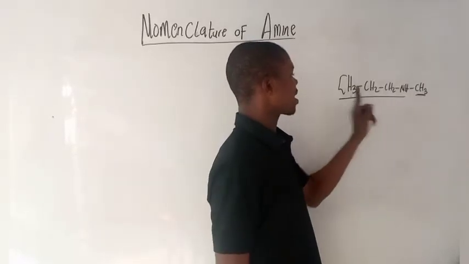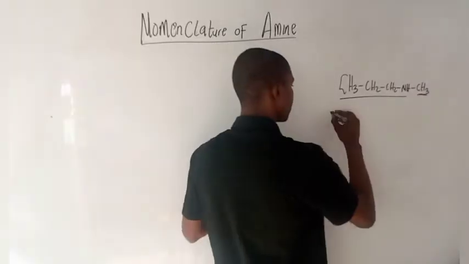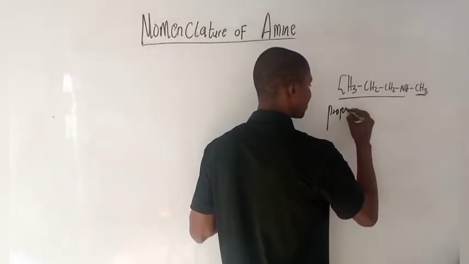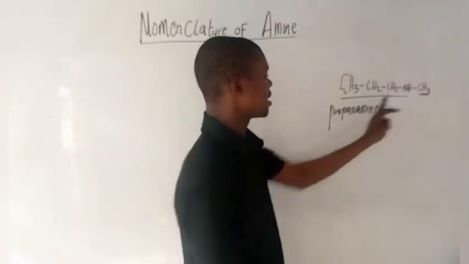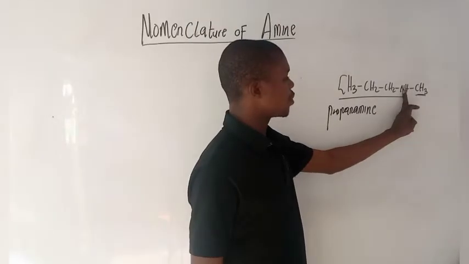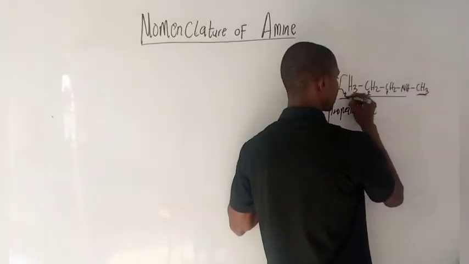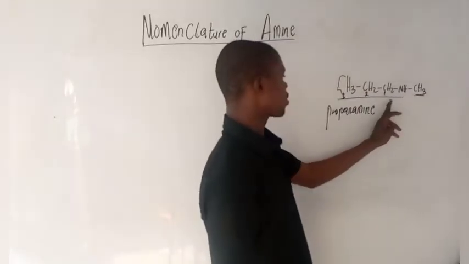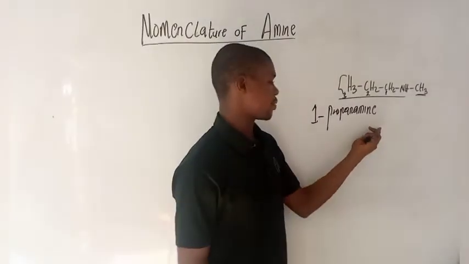Here we have 3 carbon atoms, and 3 carbon atoms is known as propanamine. The nitrogen, the functional group, is on carbon number 1, because I'm going to start from here: 1, 2, 3. So the parent name is now going to be 1-propanamine.